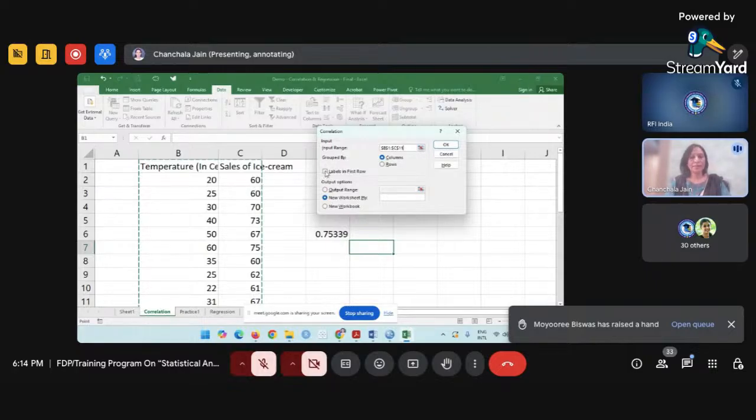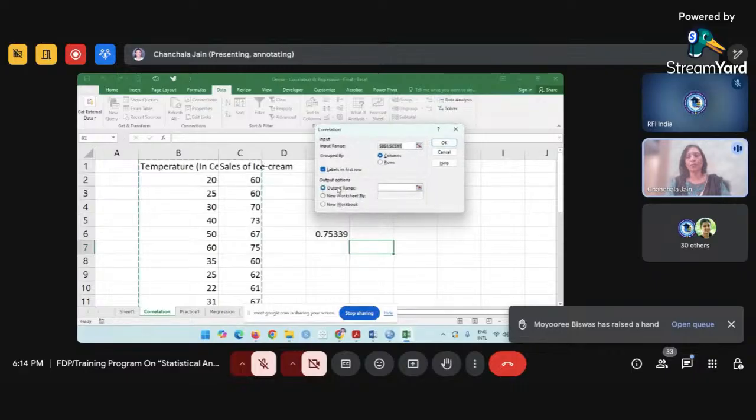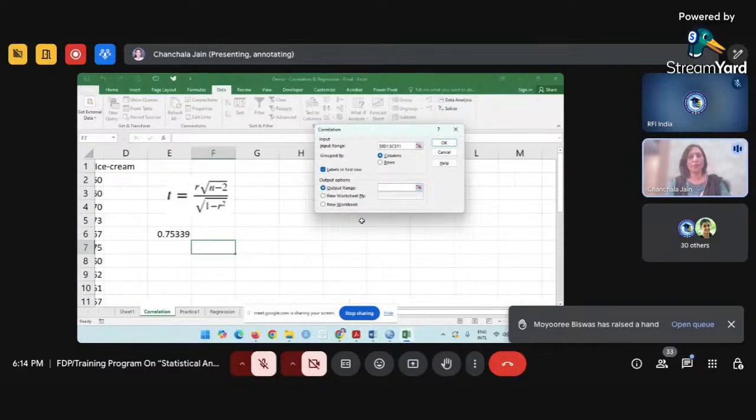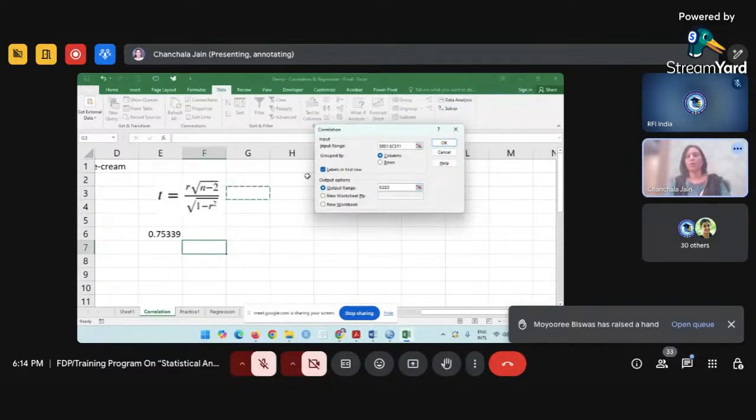Labels I have selected because my range is B1 to C11. So I hope the same range you are having. So in that case, I'll select the labels in the first row. Now output range is up to you where you want to generate. I'm generating on the same sheet. And then I'll click on OK.